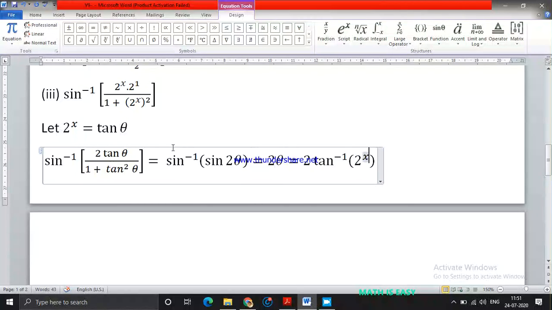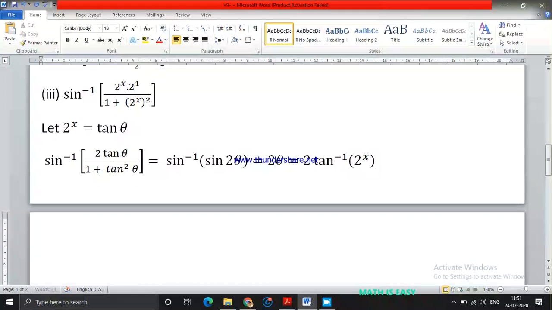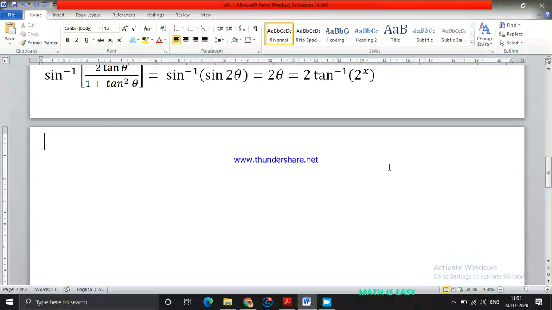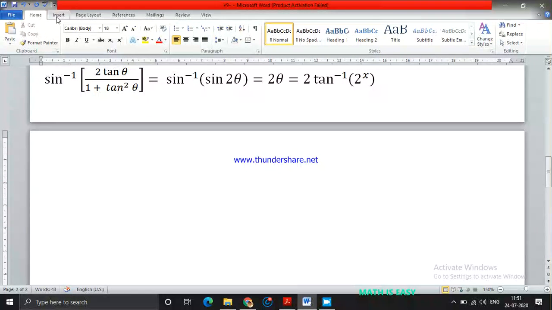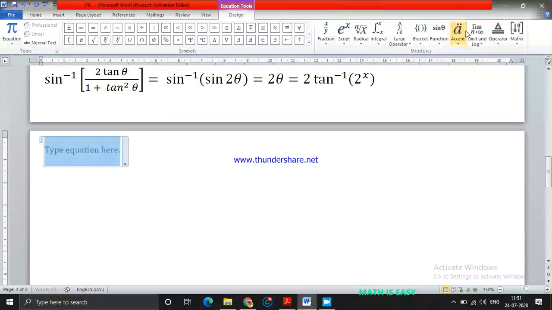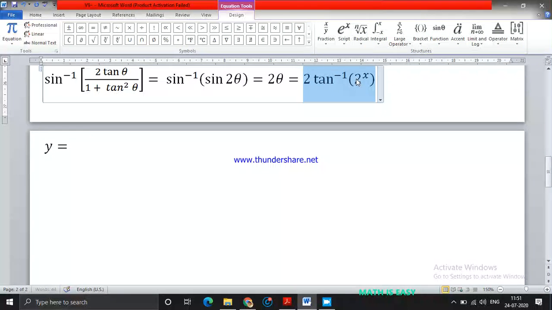Okay, so the given question is changed to 2 tan inverse 2 power x. So you can take whatever is given as y equals 2 tan inverse of 2 power x.